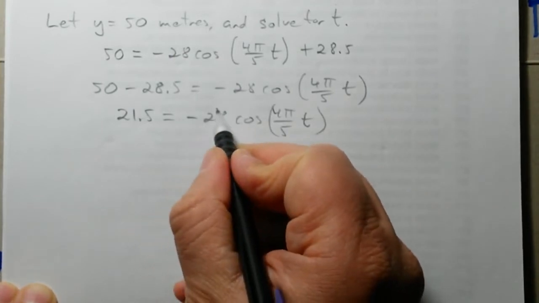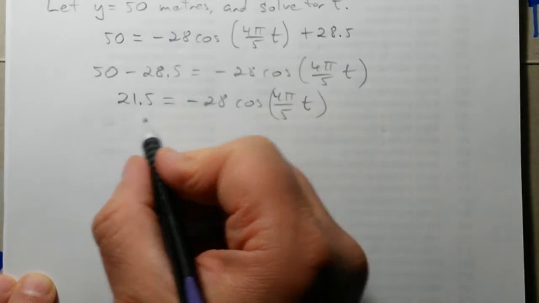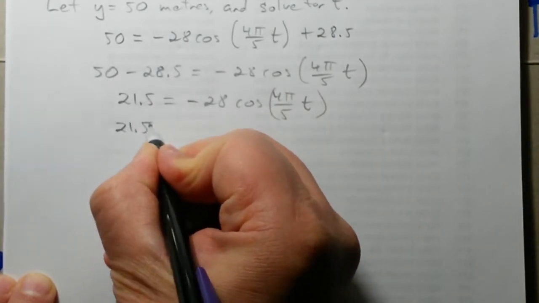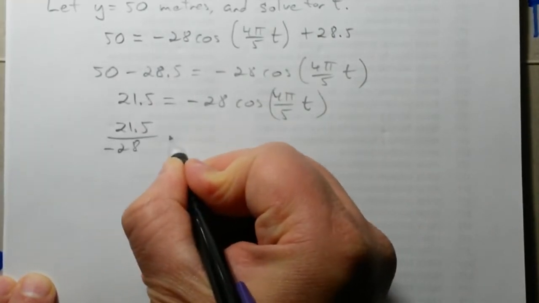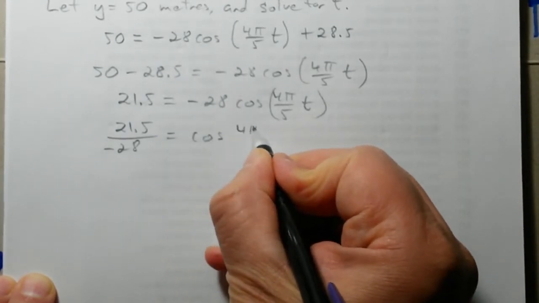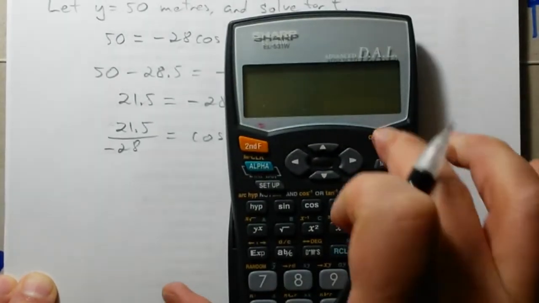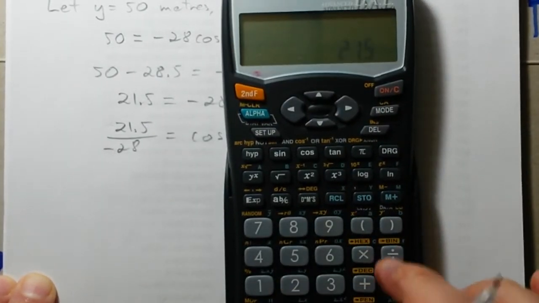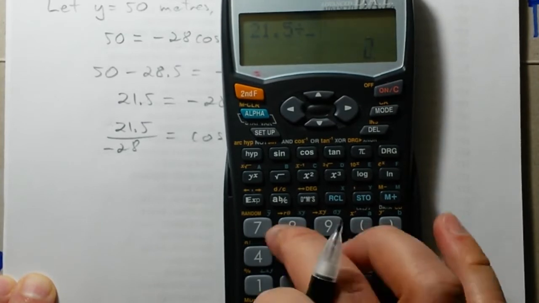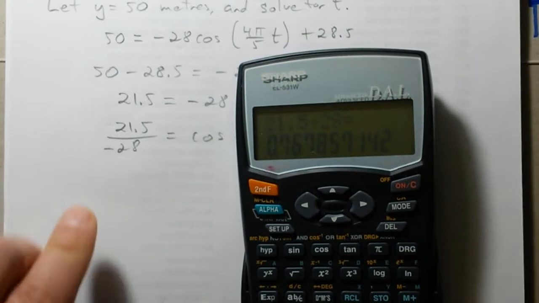Now let's take the negative 28 and move it to the other side of the equal sign because we are solving for t. Cosine 4 pi over 5t. So now, of course, I grab my calculator. 21.5 divided by 28 equals, to 4 decimal places, negative 0.7679.